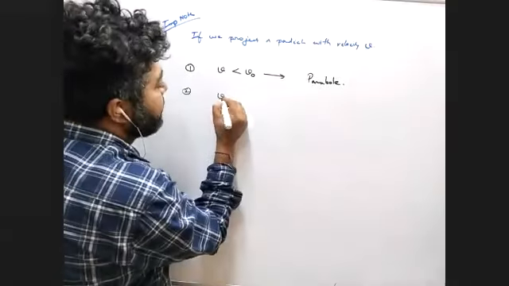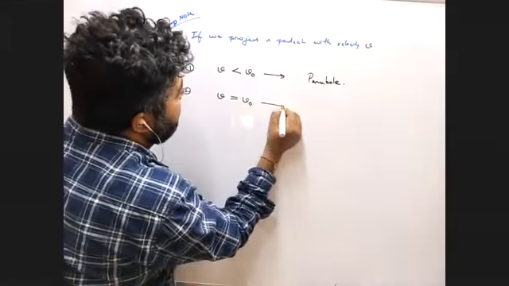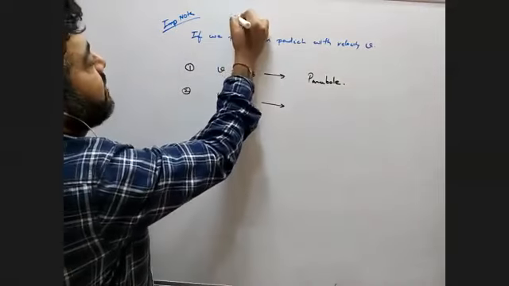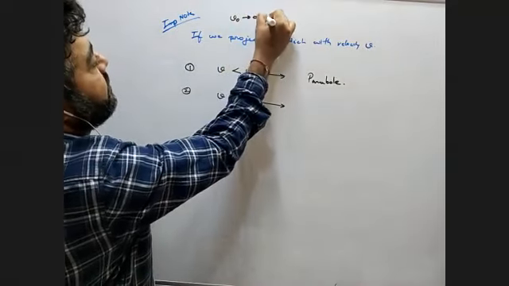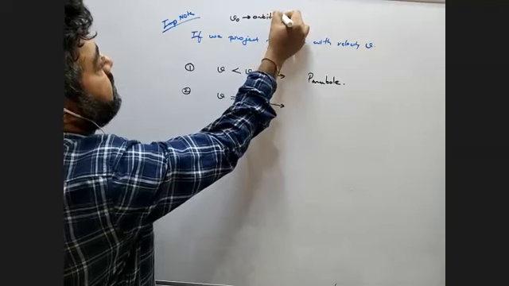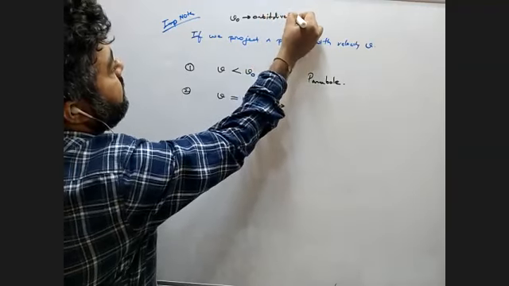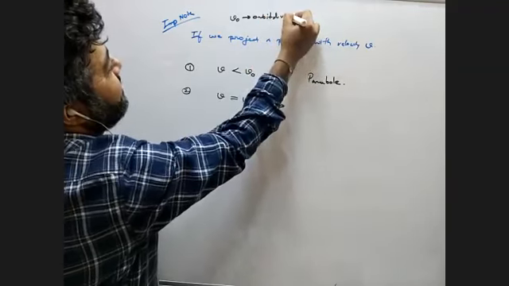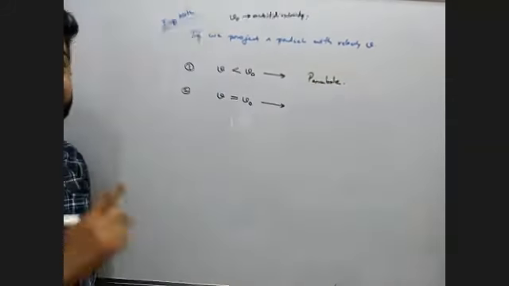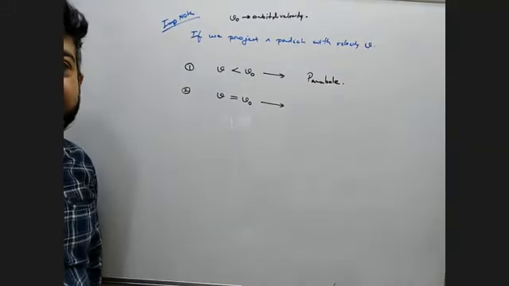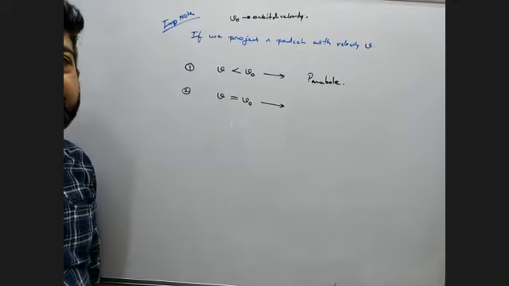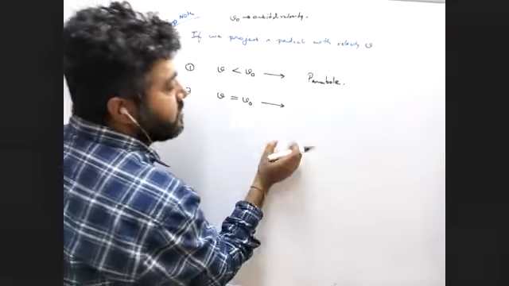Now if the velocity is equal to orbital velocity, then what happened? Remember, v naught is the orbital velocity. Then v equals v naught, which type of motion?